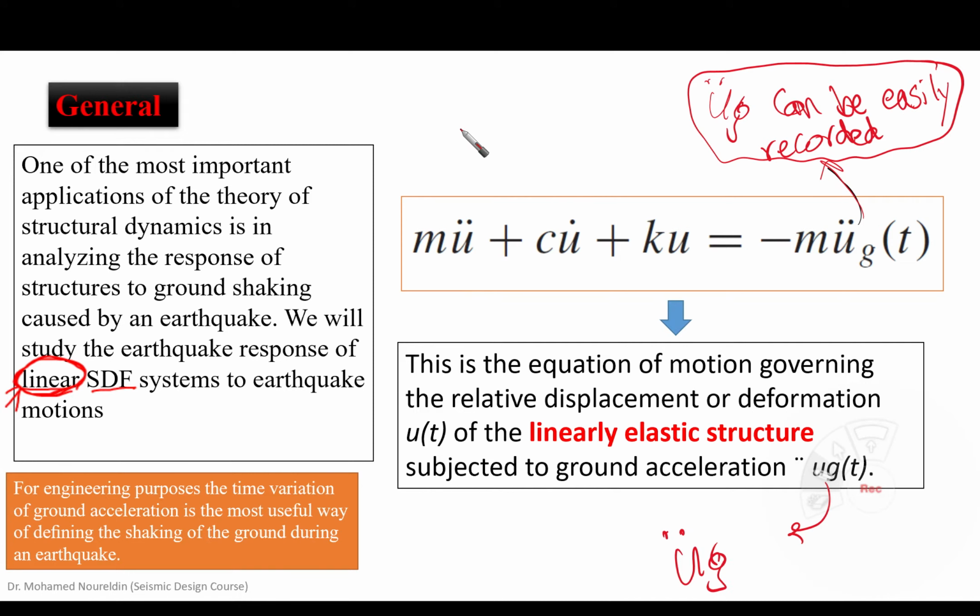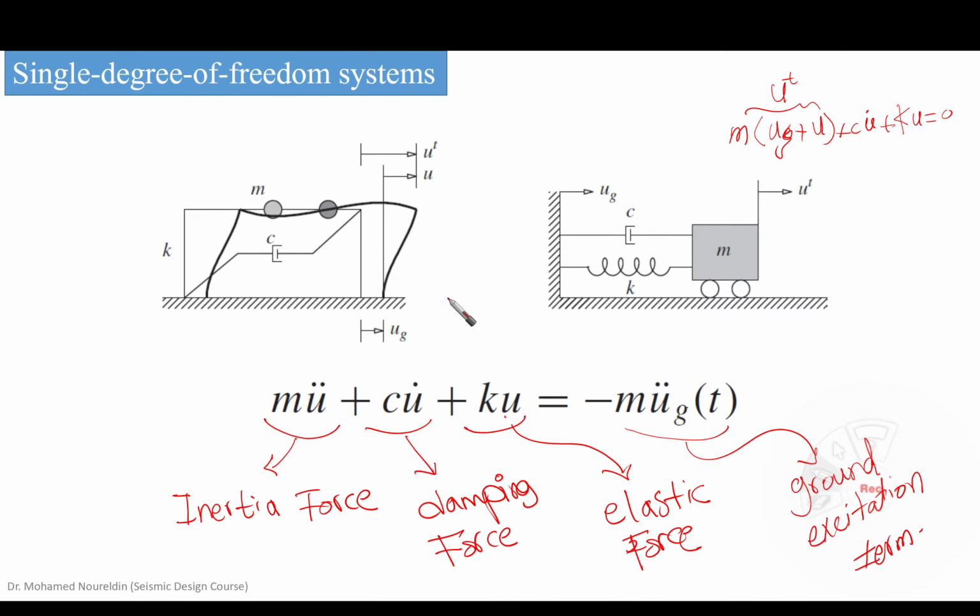I'm going to step directly to the equation of motion, about which we can get more details from a structural dynamics course. First of all, whenever we have a single degree of freedom system, let's go to the next slide so that I can explain in detail where this equation came from.